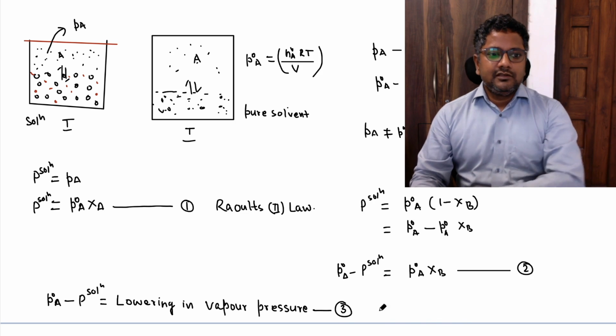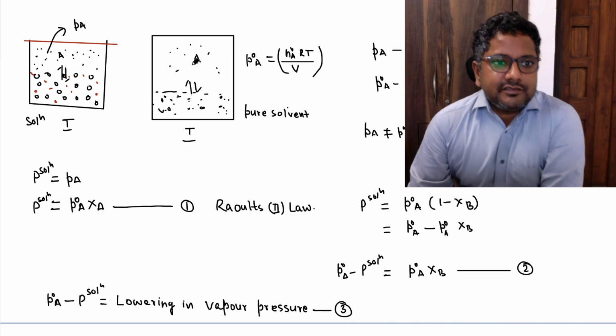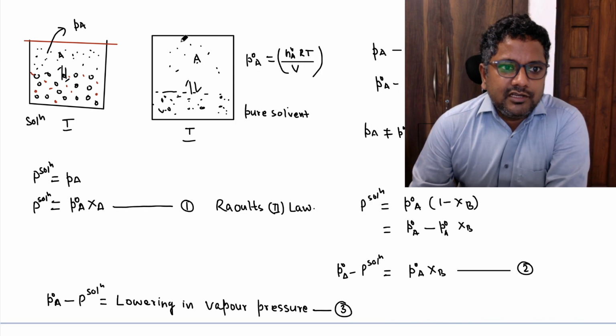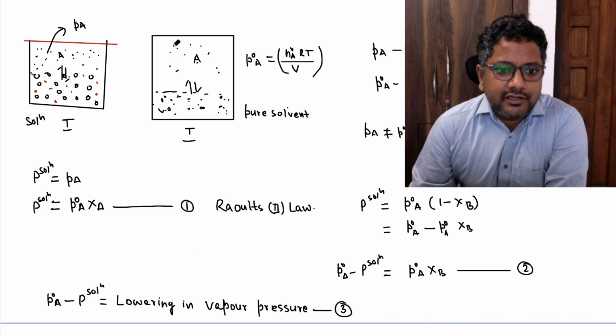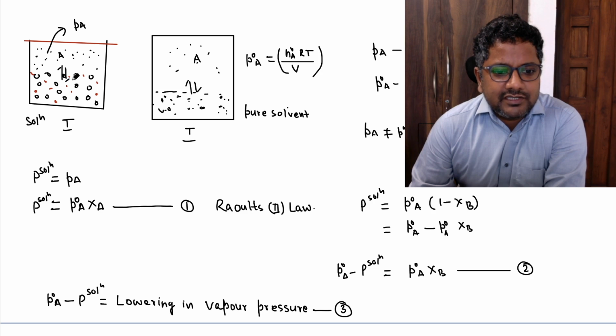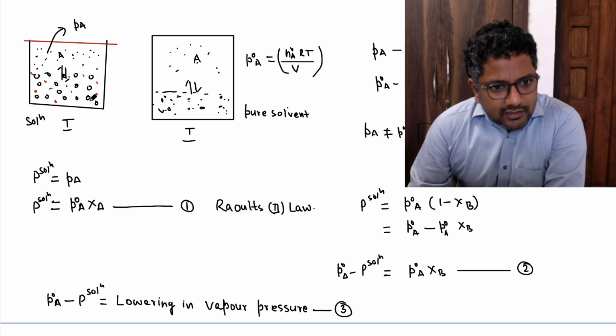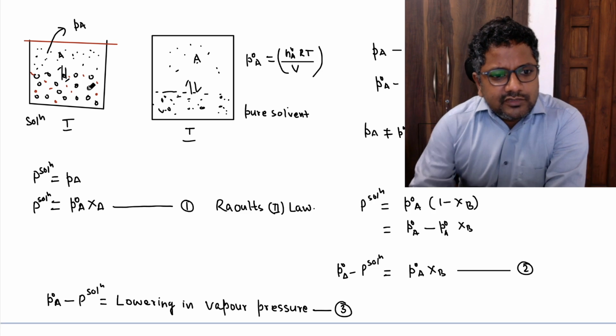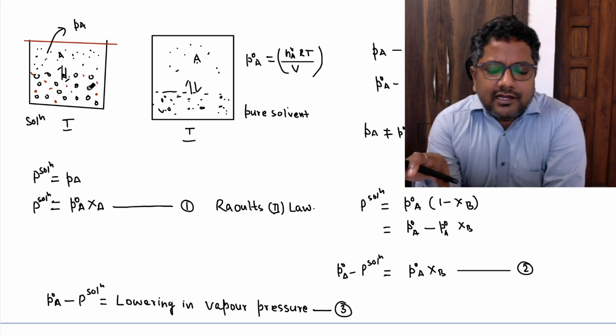Lowering in vapor pressure means, suppose that X molecules of A are reaching the vapor phase in the absence of B. When we are mixing B and the behavior of A and B is ideal, means everything is perfect to make an ideal solution, there is no interaction, you can assume a perfect situation of ideal mixture.